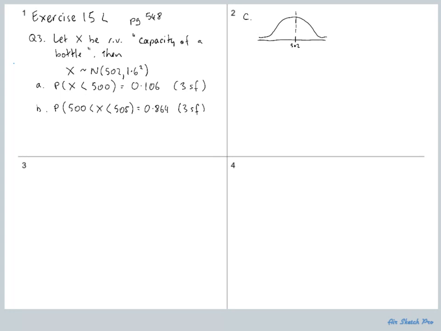And it also says that it covers 95% of the bottles. So you'd probably be looking at A being about here, and symmetrically, B being in there. And it says what are A and B. So we know that the shaded area here is 95%.